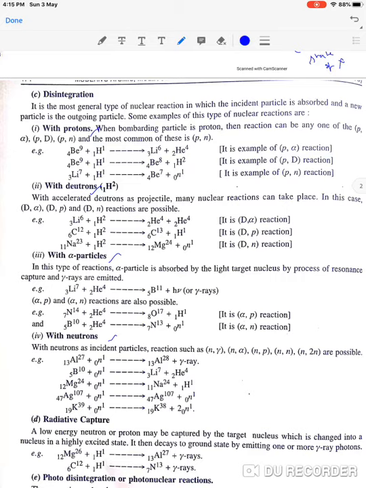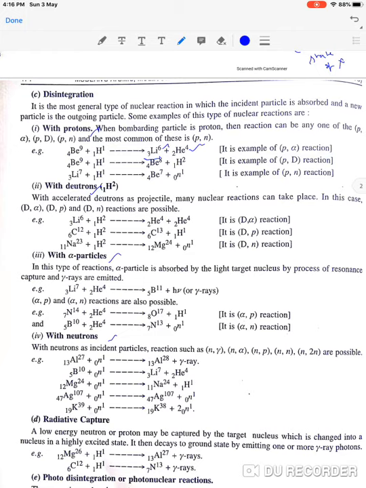These are the bombarding particles. We bombard this particle on a particular target, and what do we get? This target just transforms into a different nuclei, and the bombarding particle gets absorbed, or a new particle is the outgoing particle. Now this is the daughter nuclei and this is the outgoing particle.